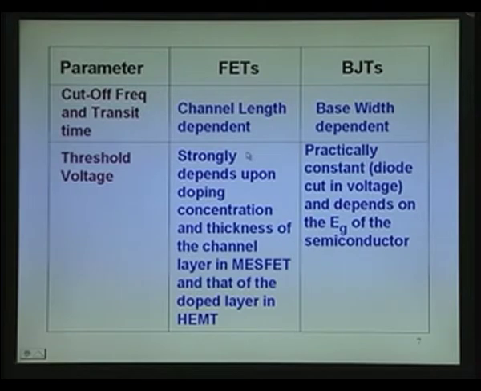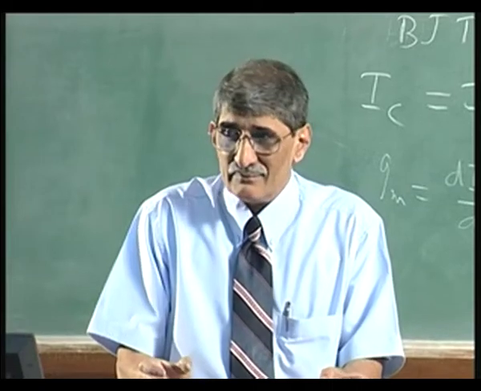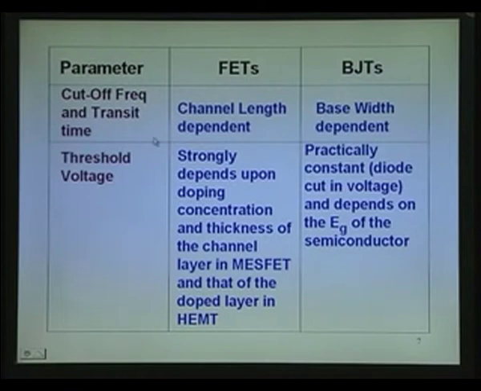Now, this is where the FET scores a bit, because velocities are high. The velocities in the case of FETs are high because carriers are transported by drift. You can have even the saturation velocity, which is what we have been seeing all through. This is where the intrinsic frequency response of the FET is much better compared to the bipolar transistor, because for the same channel length, say 1 micron channel length and 1 micron base width, the FET will have better cutoff frequency, because velocities are larger.